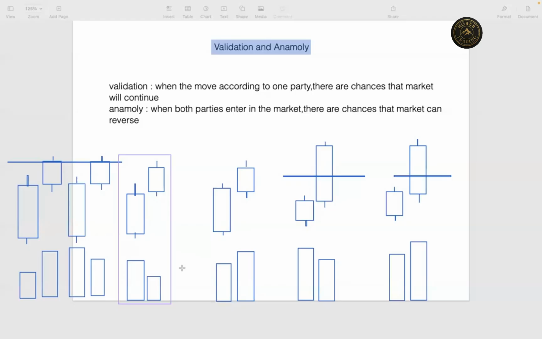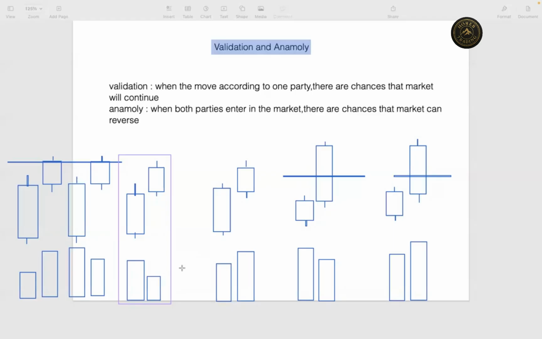The volume is responding to the body of the candle, and in this case, it's validation because there is no contrary movement. It's like buyers are alone. So the volume is responding to the buyers' activity. They are not facing the sellers' counter movement.